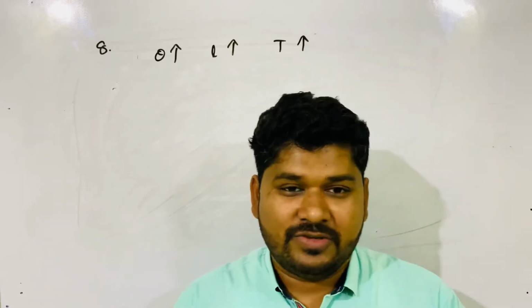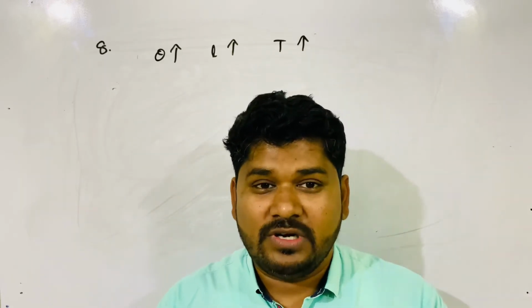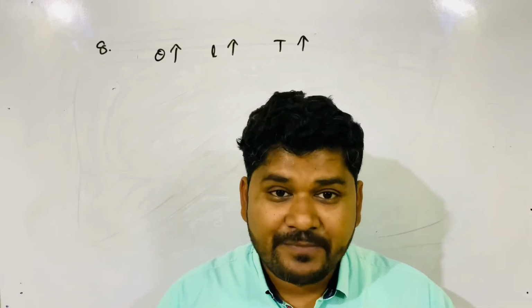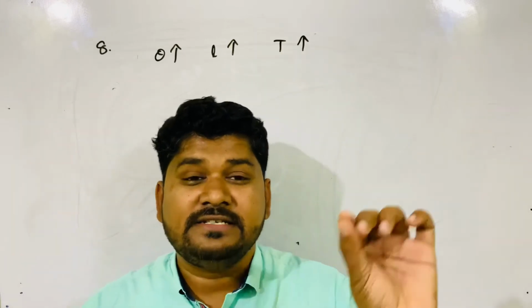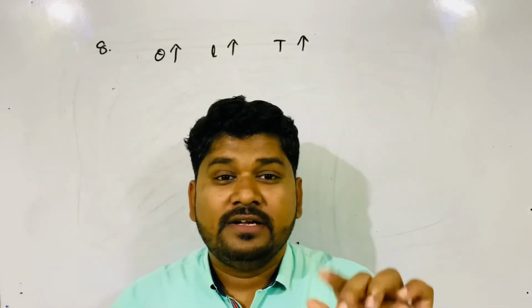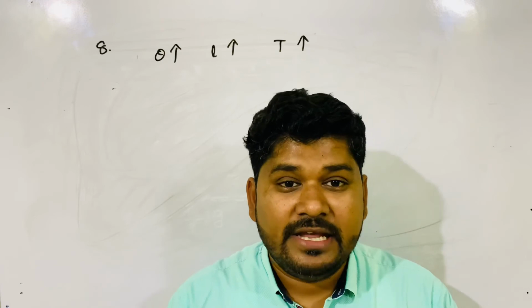I'm telling you the question again, if possible, note it down. If the temperature of the pendulum increases by theta, find the fractional change in time period, the percentage increase in time period, or the delay in time in one day.